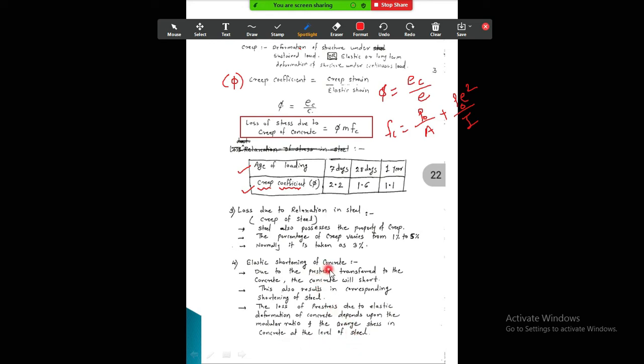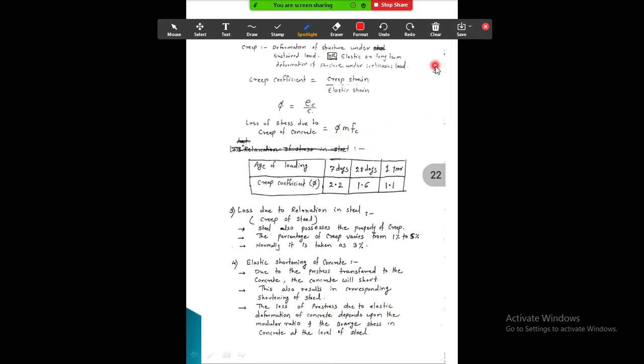Why does the concrete shorten? Because we are applying the stressing force on the steel, and from steel that force gets transferred to the concrete also. Due to the shortening of the concrete there will be loss of stressing force.